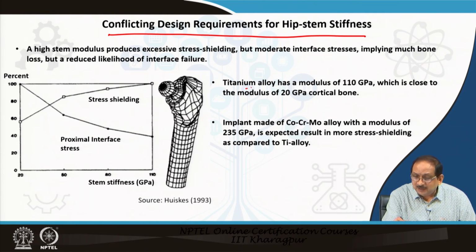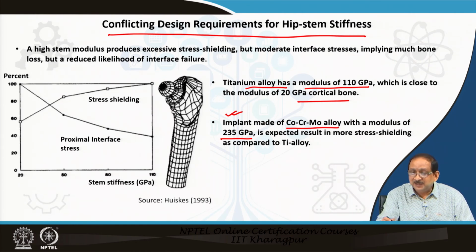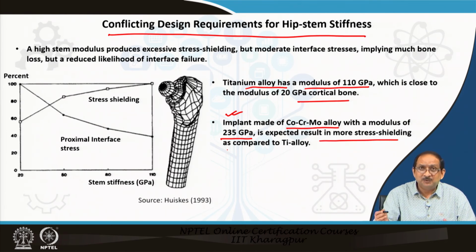Now, titanium alloy has a Young's modulus of 110 GPa, and it is rather close to cortical bone if we compare it with cobalt chromium molybdenum alloy, which has a modulus of 235 gigapascal. Now, implants made of cobalt chromium molybdenum alloy are expected to result in more stress shielding and adverse bone remodeling as compared to the titanium alloy.